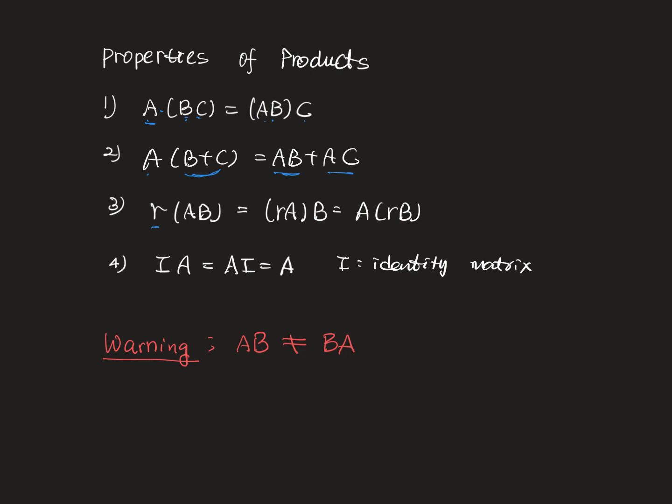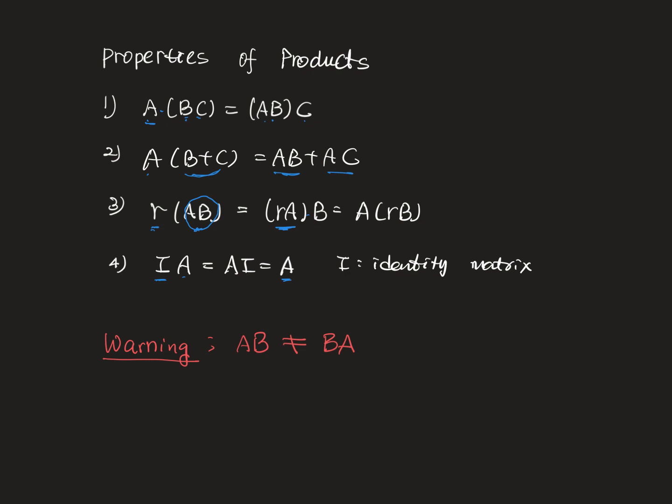Scalar multiplication: you can multiply the matrices first and then multiply by the scalar, or do the scalar multiplication first and the matrix multiplication later. It doesn't matter. The identity matrix times a matrix is always the matrix itself. It's like 1 times 2, always 2. That's the properties of multiplication, guys.